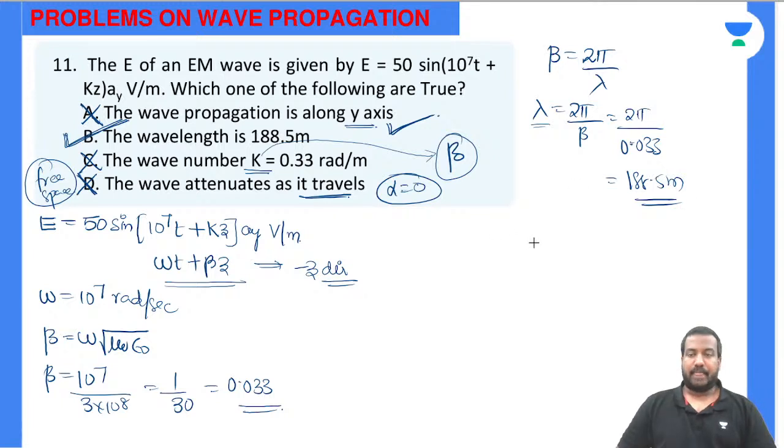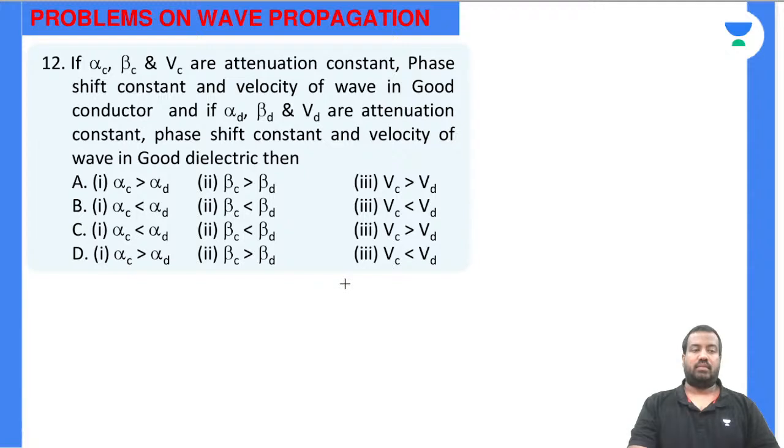Is it clear? Approximately 6.28 by 0.033, if you do, you get 188.5. Option B is the answer. Next. Yes, next one.